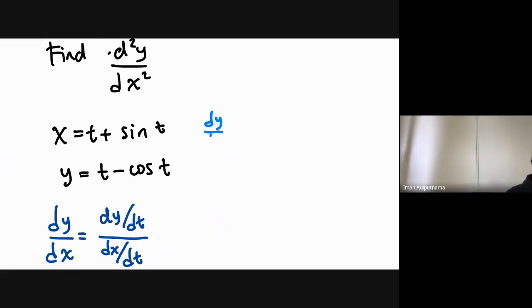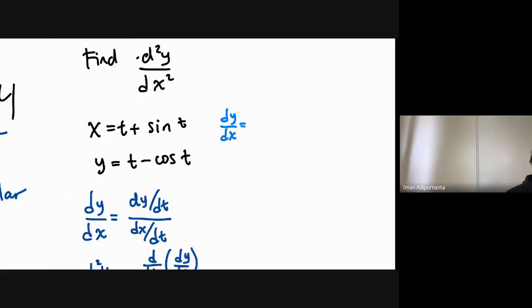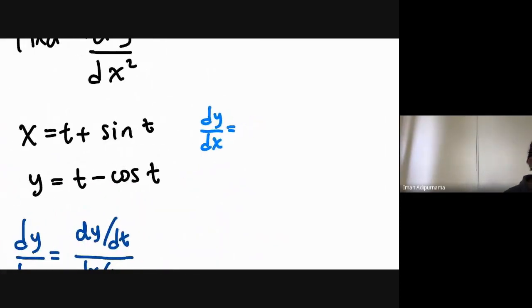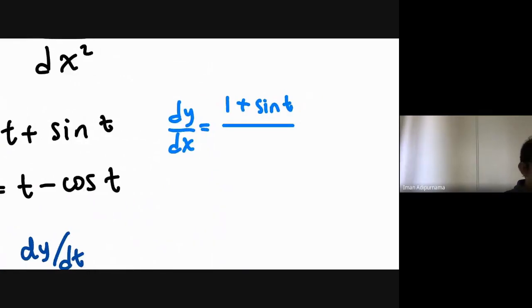So maybe I will write here. dy over dx is t minus cos t, which becomes 1 plus sine t, and then divided by x, which is 1 plus cosine t. Okay, now we have the dy over dx.